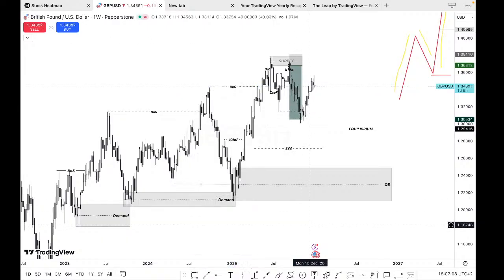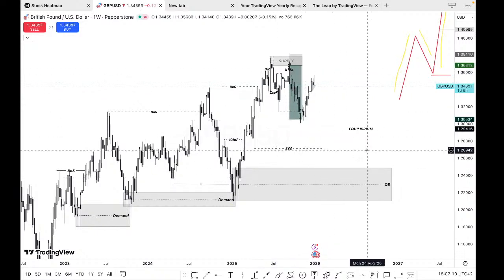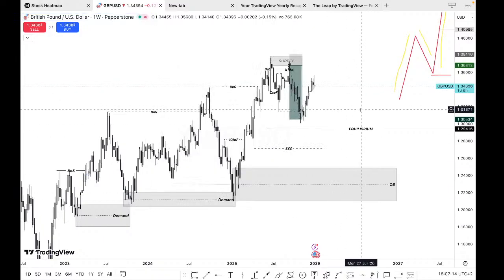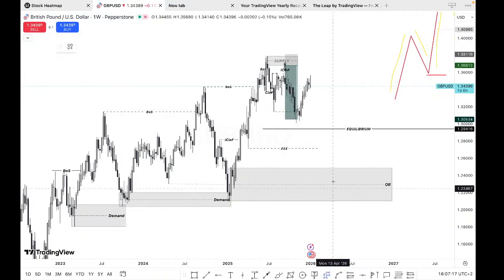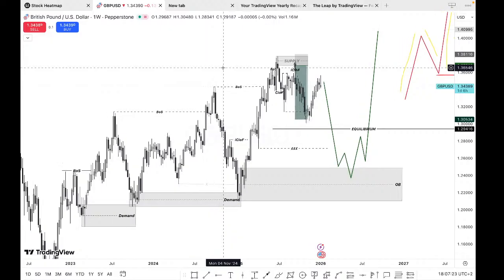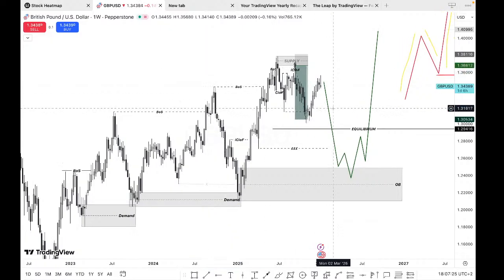I think we're still bearish. We're waiting for the market to sweep, come here, give us a change in order flow, and then I'm going to take my buy towards the upside.